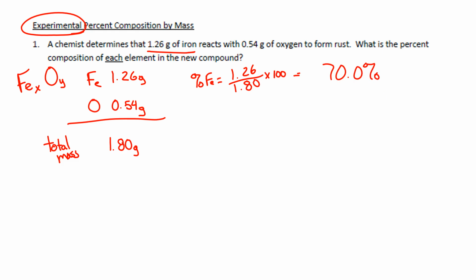So this compound is going to be 70% iron. And then this compound would be 30% oxygen.